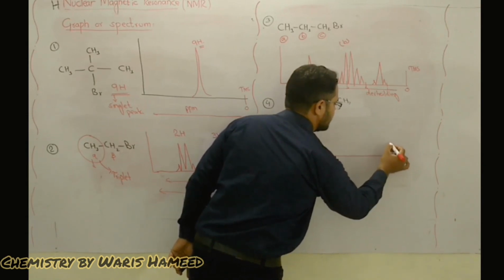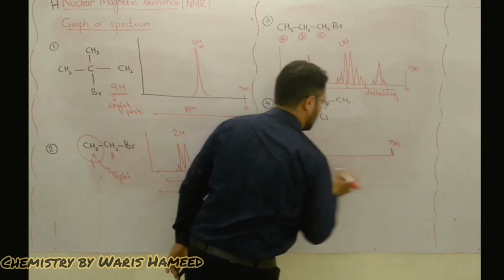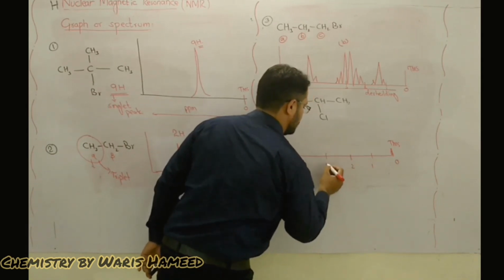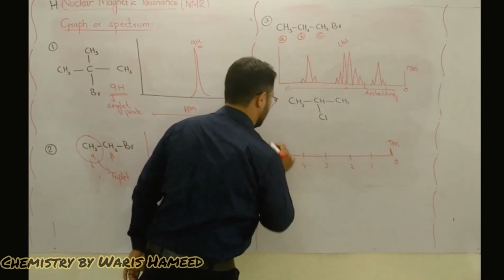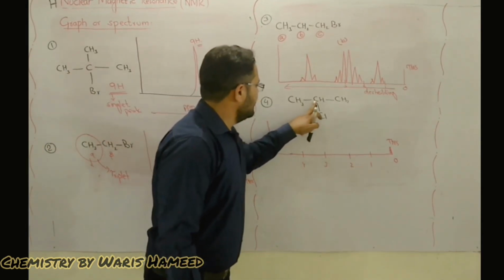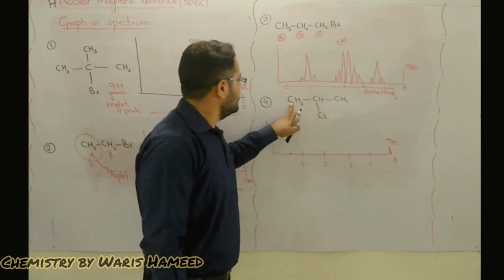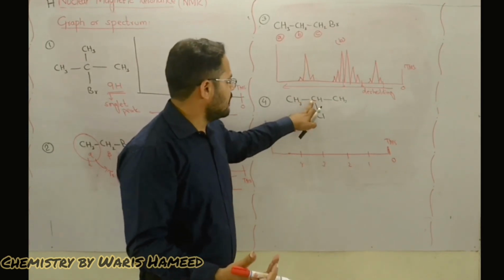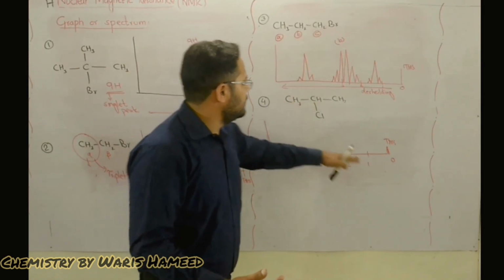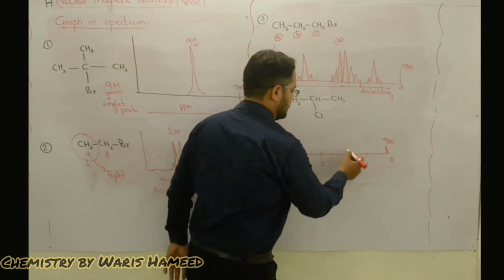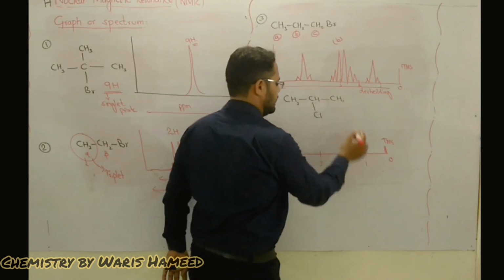Here is TMS and ppm 0, 1, 2, 3, 4 and so on. This is de-shielded and these 2 carbons are a little bit more shielded than this carbon. So the first peak should be of CH3 for 6 protons and it will be a doublet.